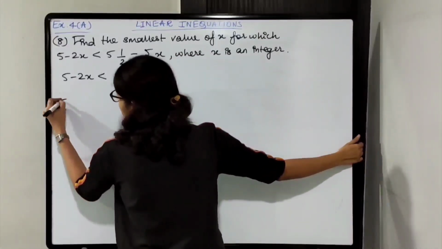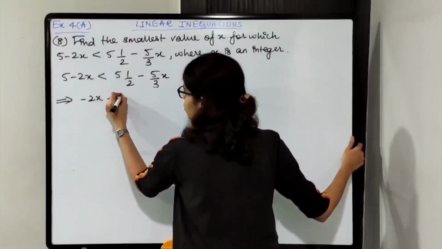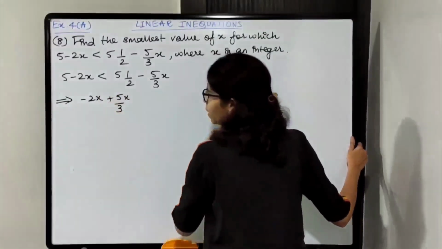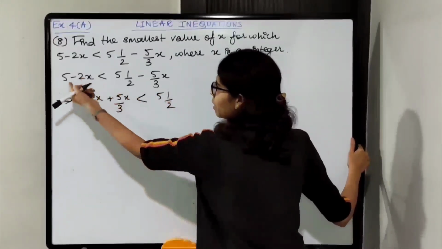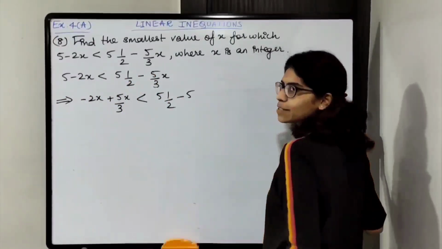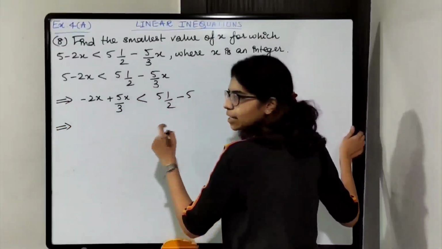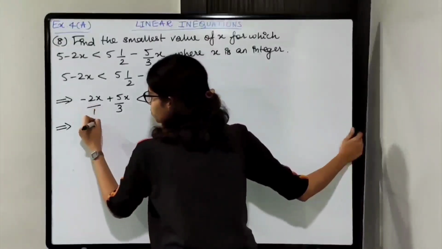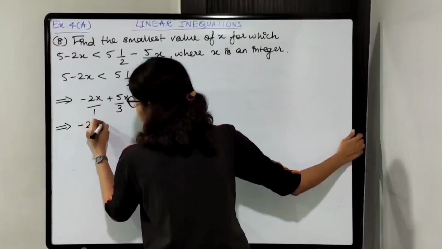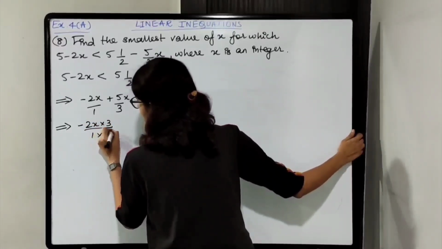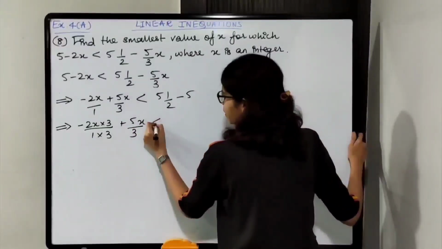So minus 2x as it is. ये shift करेंगे, so this will become positive 5 by 3 of x less than 5.5 as it is, and 5 को यहाँ पे shift करेंगे, so it will become minus 5. Here we'll take LCM. Okay, so multiply and divide by 3. So minus 2x into 3 upon 1 into 3 plus 5x by 3 is less than.